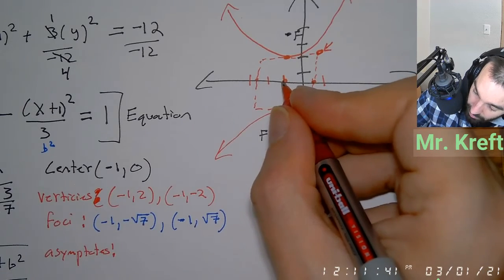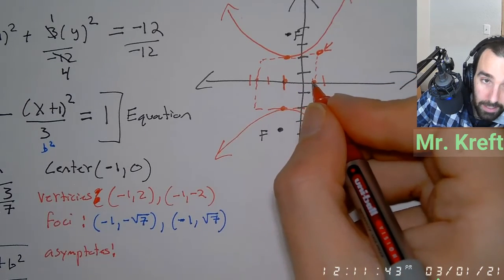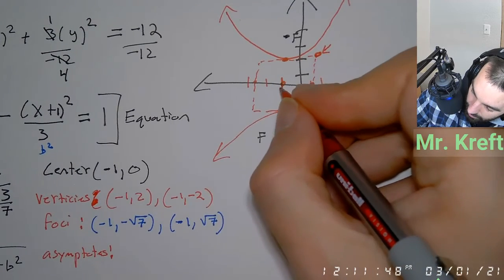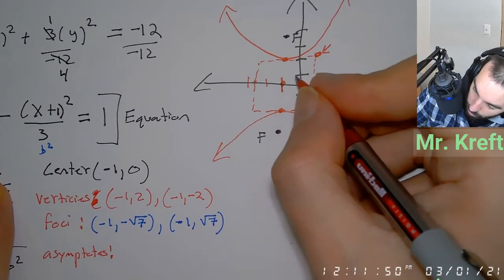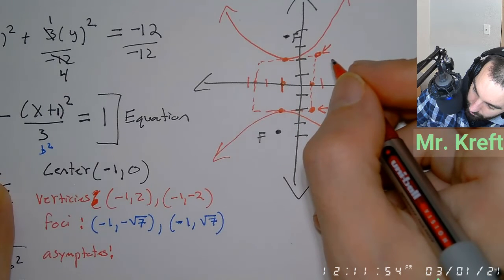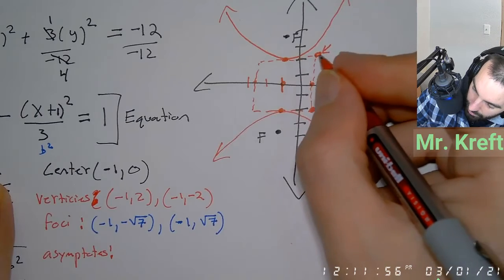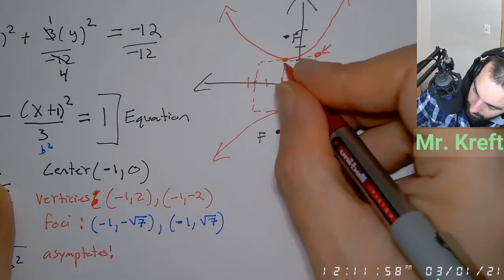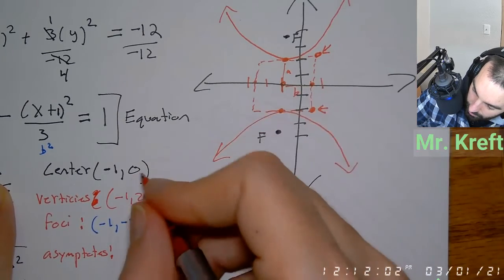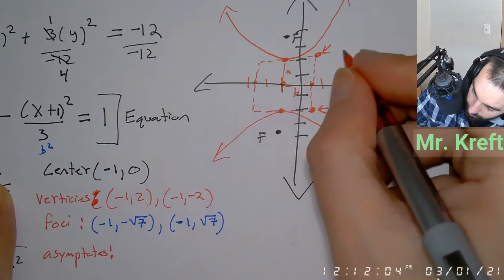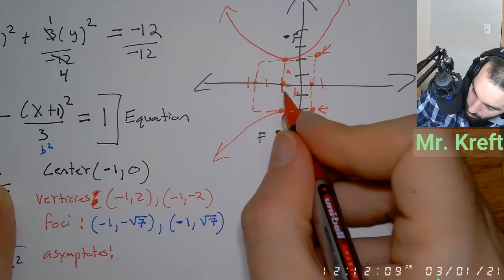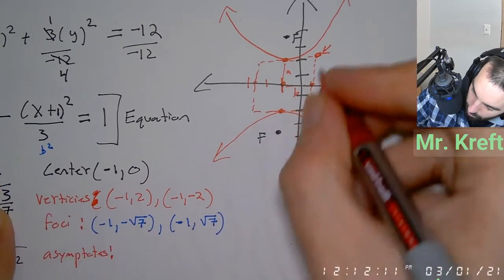Okay, so if my center is at -1, 0, I'm going to add my a, I'm going to add my b. Sorry, my a is up, right? My a is up, so this is my a, this is my b. So my a is 2, and my b is -1 plus root 3.